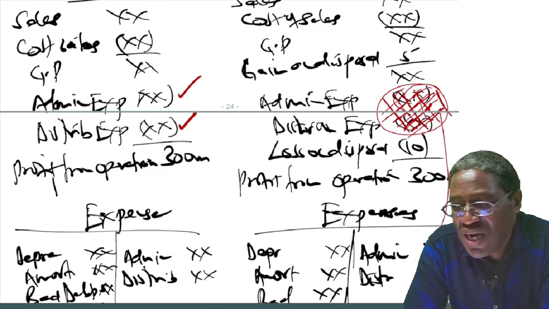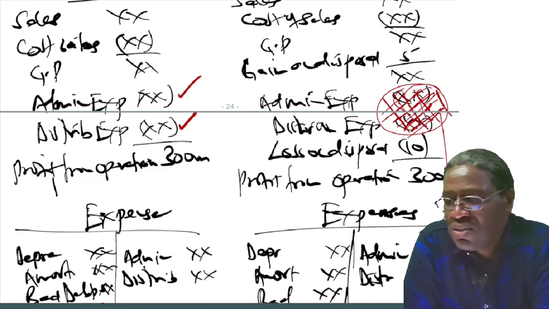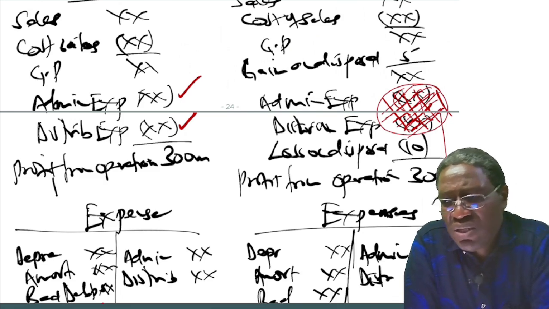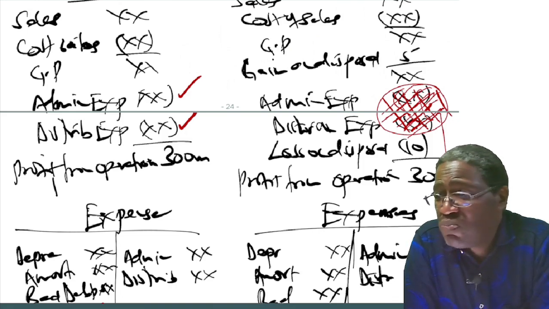Where do you think accountant A included his 5 million? We can't see it. So he must have used it somewhere. Where did he use it? We sold a motor vehicle or we sold an office equipment and we made a gain on disposal.